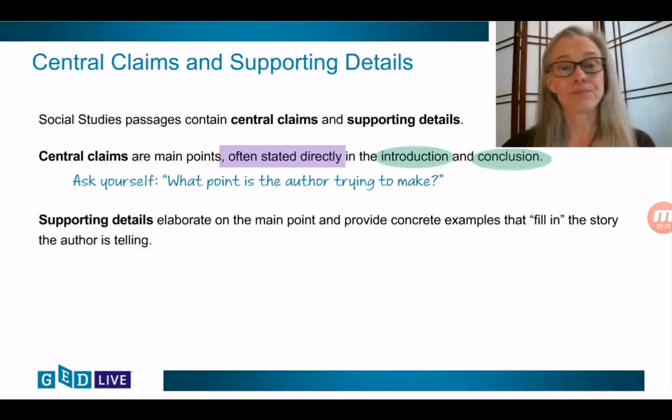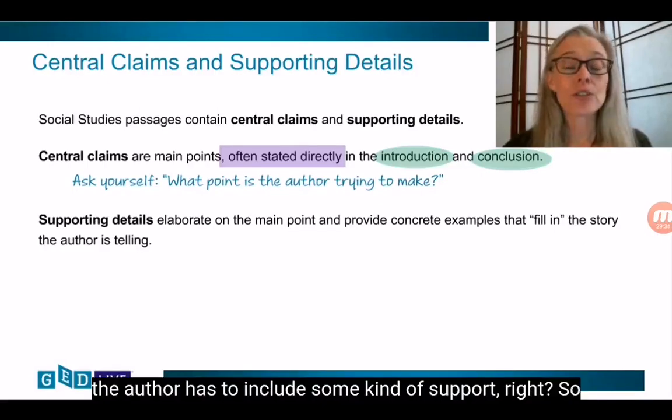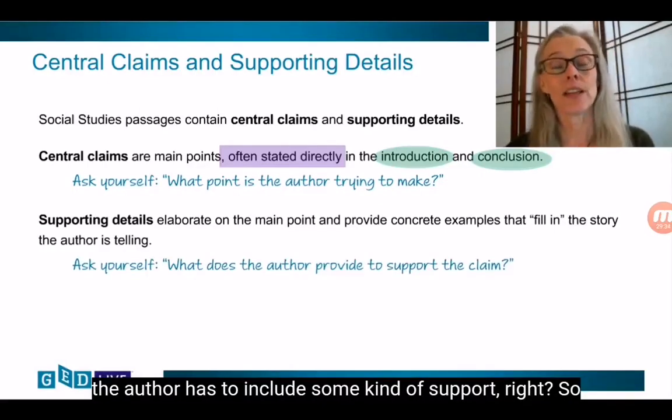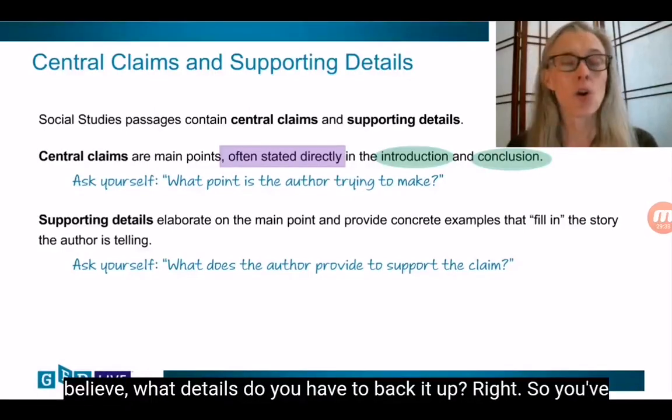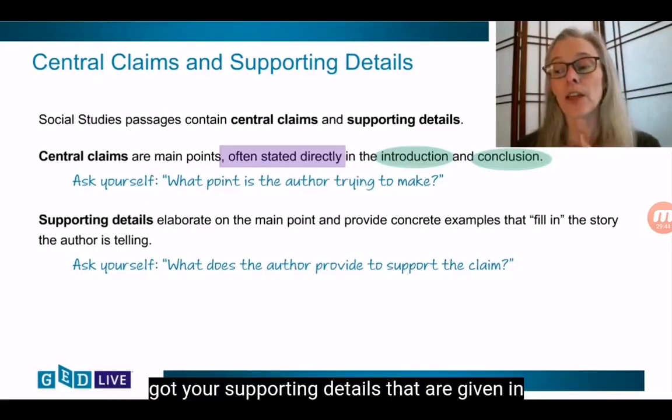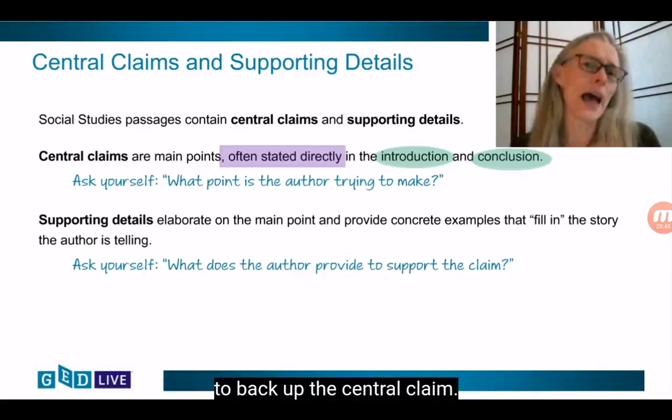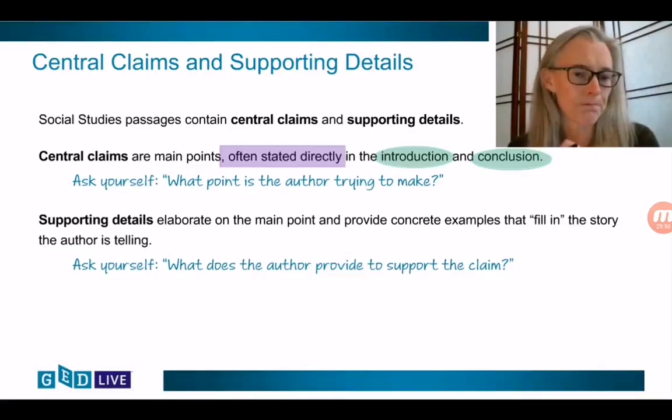And then the author has to include some kind of support, right? So, all right, author, if this is what you think I should believe, what details do you have to back it up? So you've got your supporting details that are given to back up the central claim.